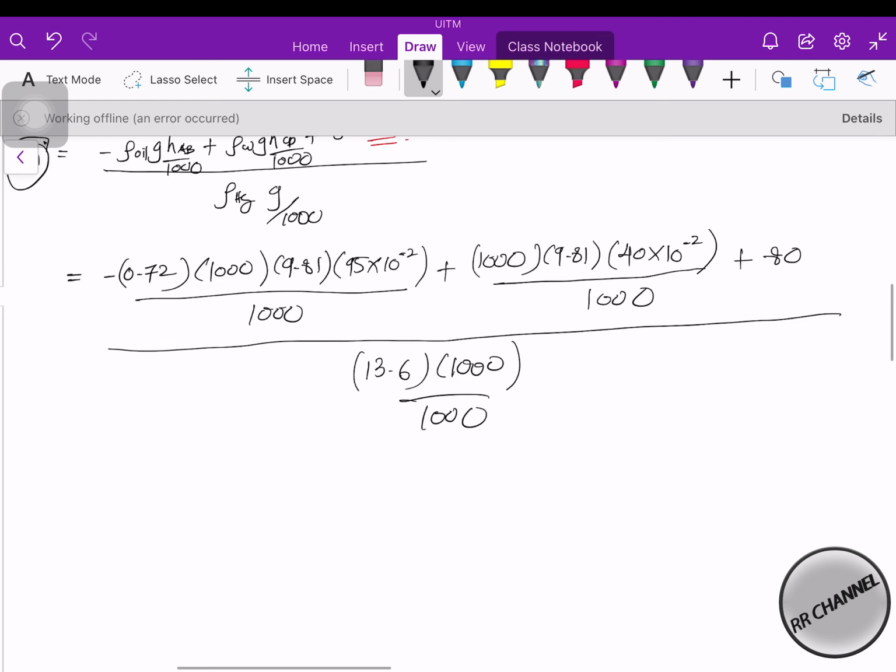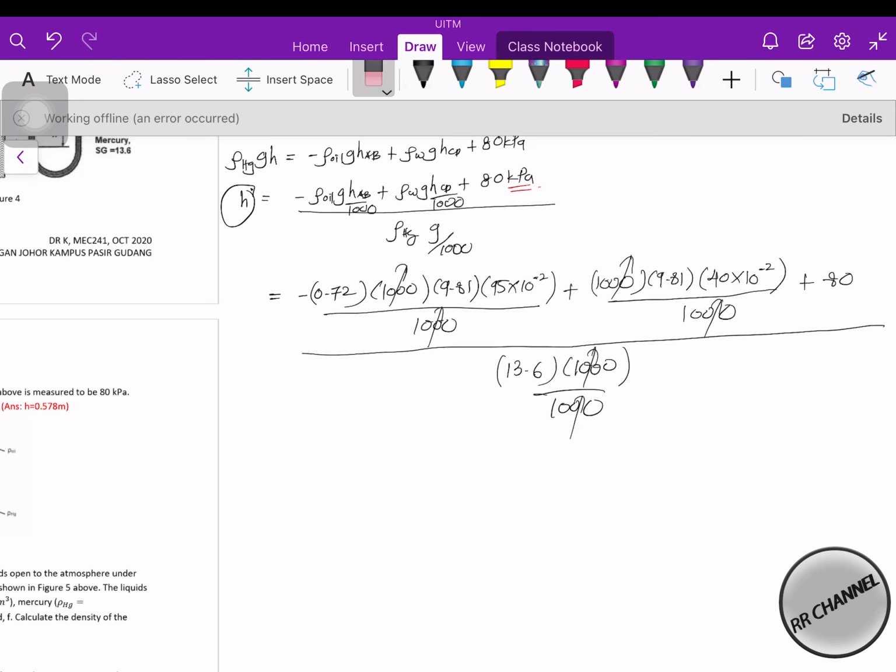So you simplify the equation, 1000, 1000, 1000. Okay, so you can simplify this. I forgot to put 9.81 here, because we have g there. Then we calculate negative 0.72 times 9.81 times 95 times 10 to the minus 2.